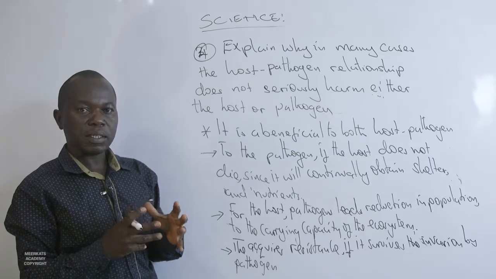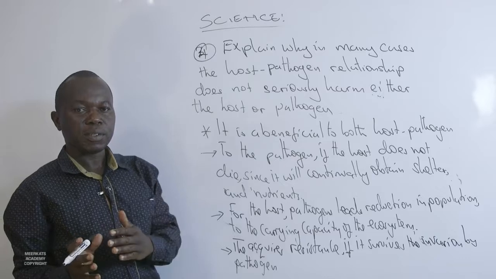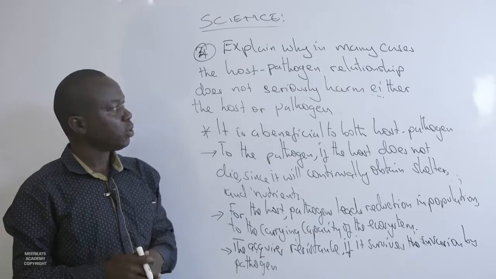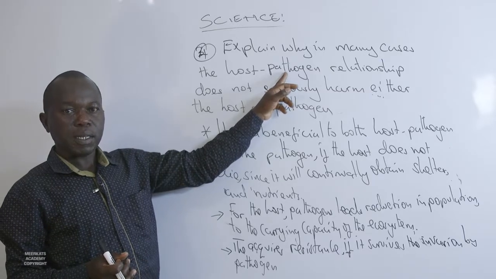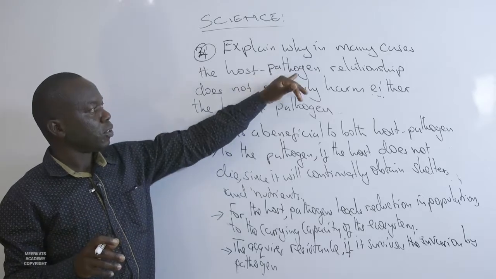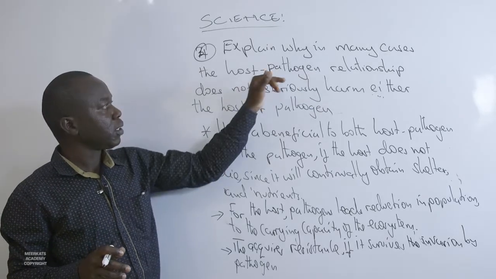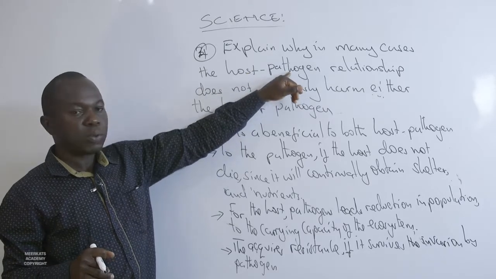Now, we address the question of distribution. How is the host-pathogen relationship affecting distribution? You'll find that in areas or ecosystems where we have high pathogens or high pathogenicity, we shall have fewer hosts because the pathogens are too much.